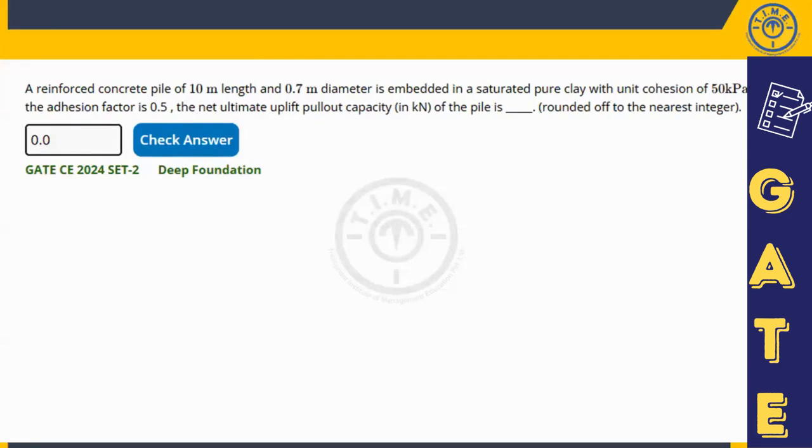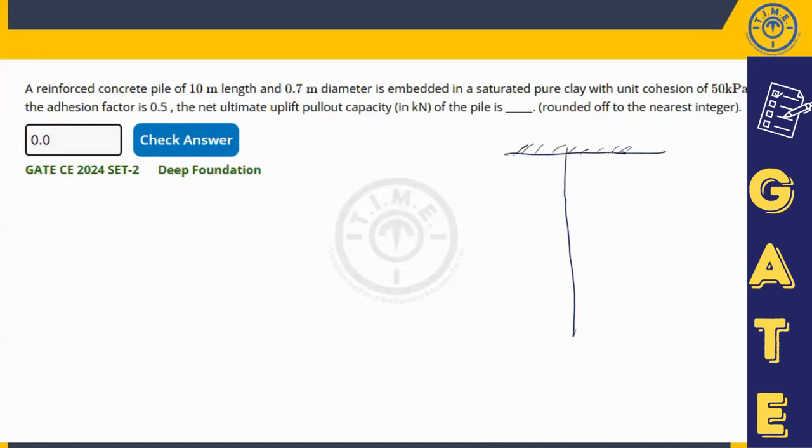The next question is in GATE 2024 again, set 2. A reinforced concrete pile is given, of length 10 meter. I am assuming this is the ground surface.